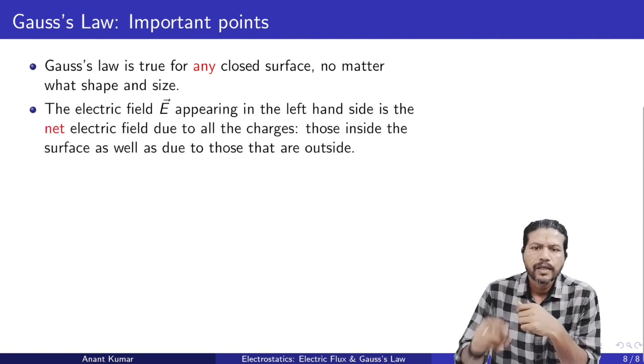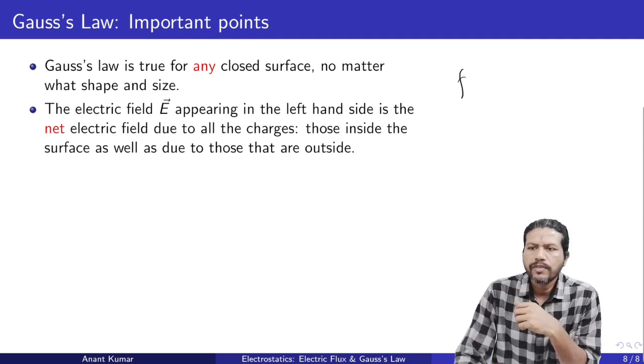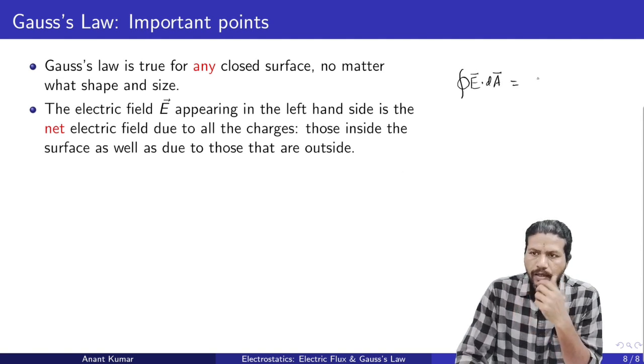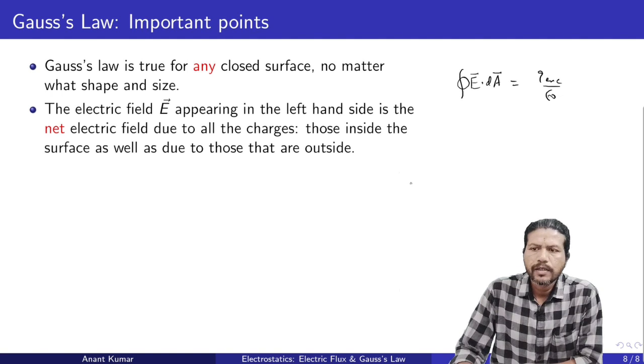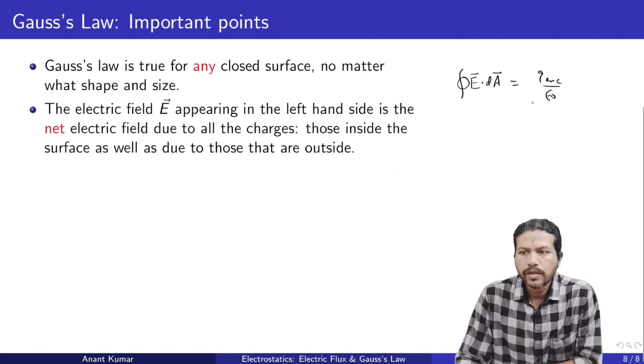Now if you look at the Gauss law, the left side contains E dot dA, and the right side is Q enclosed by epsilon naught. The point is that this electric field which appears on the left hand side is not due to only Q enclosed, but rather due to all the charges, whether inside or outside.